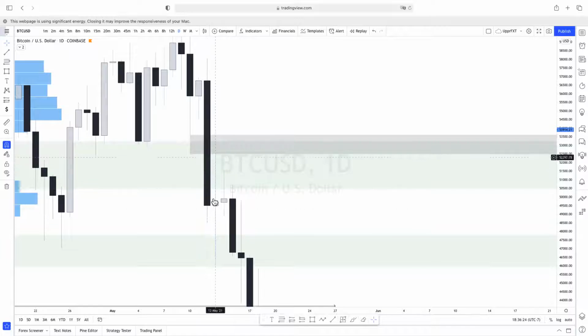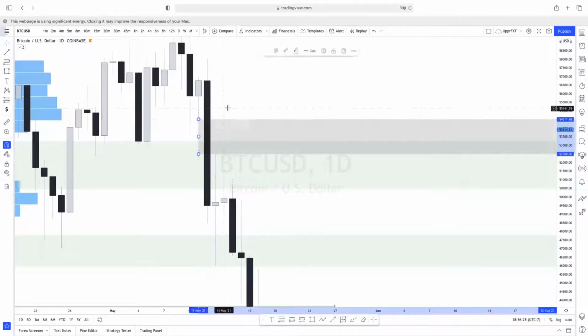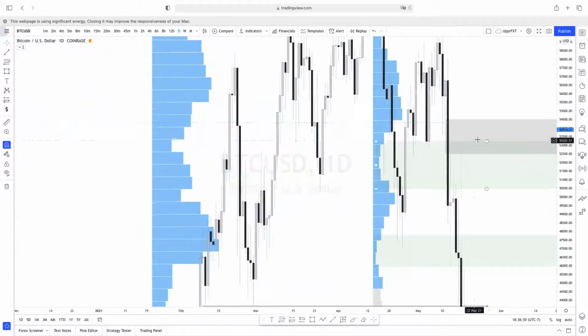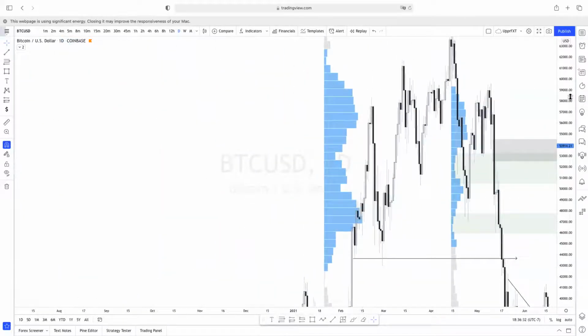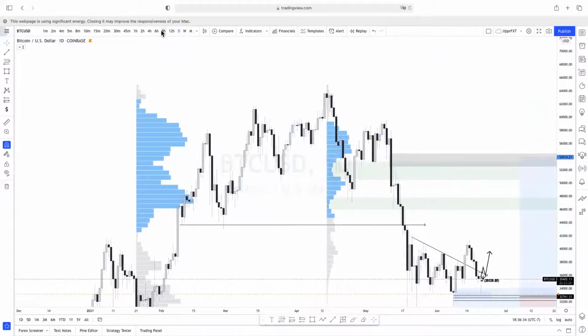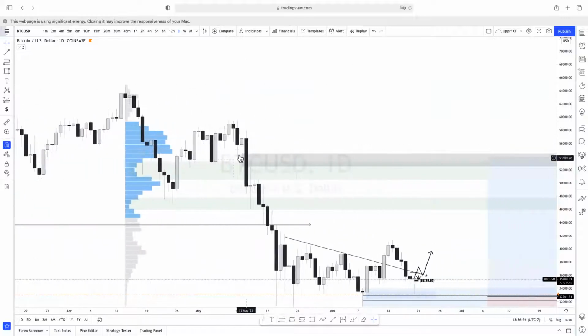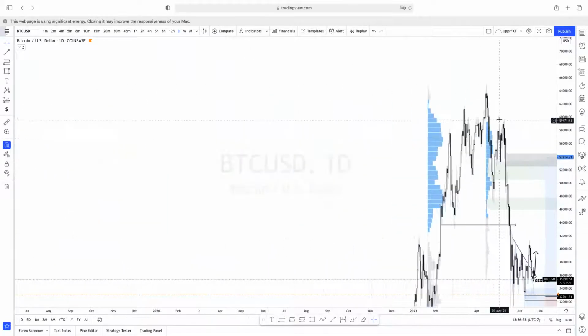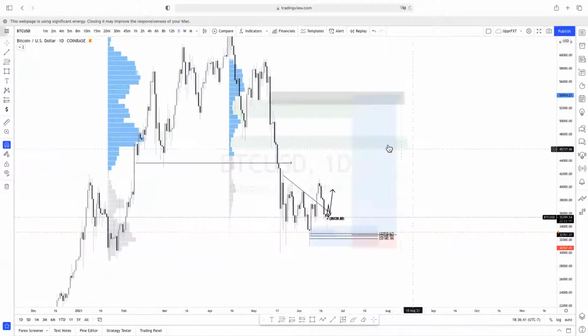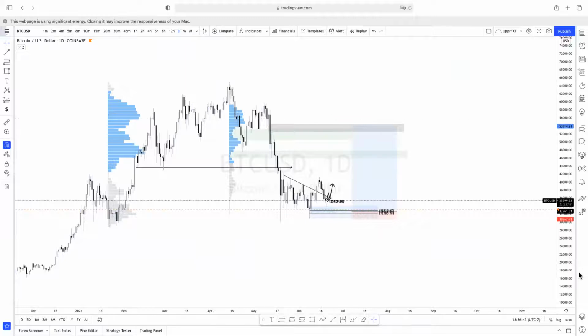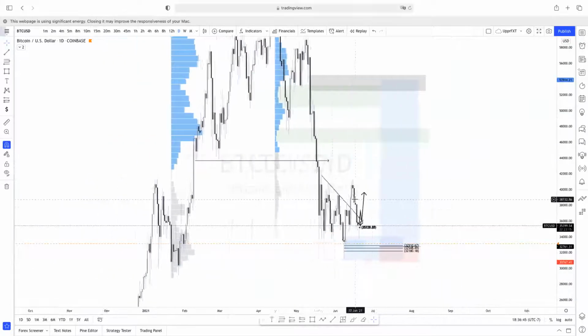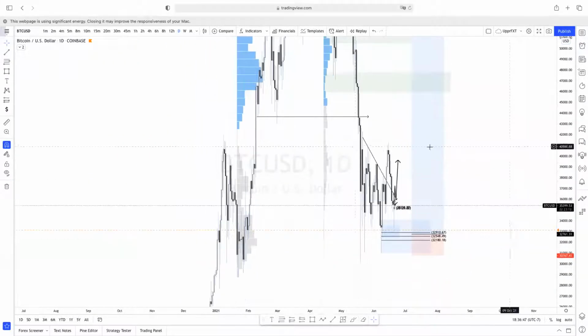And right here, this wick moved up, but there was still an open area in the body. You can see these on any time frame, on the daily, on the 4 hour, 1 hour. You can see that imbalance right there. So that can also be a possible target for a potential buy in the near future.